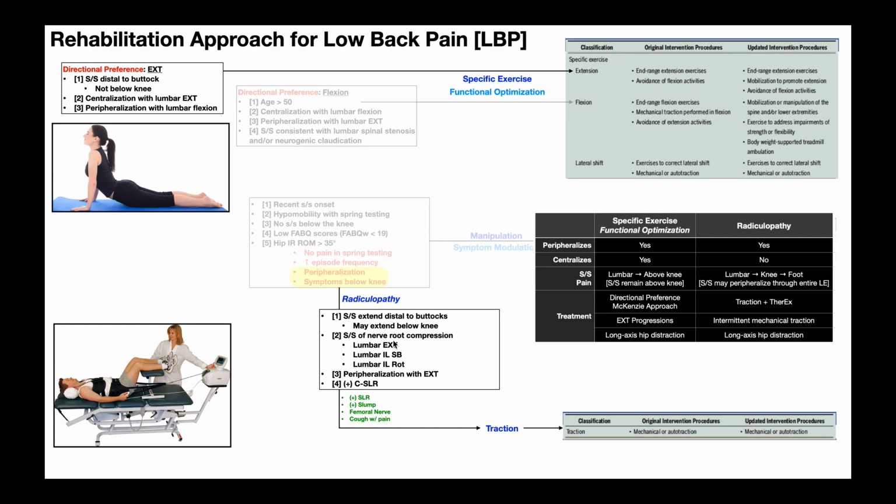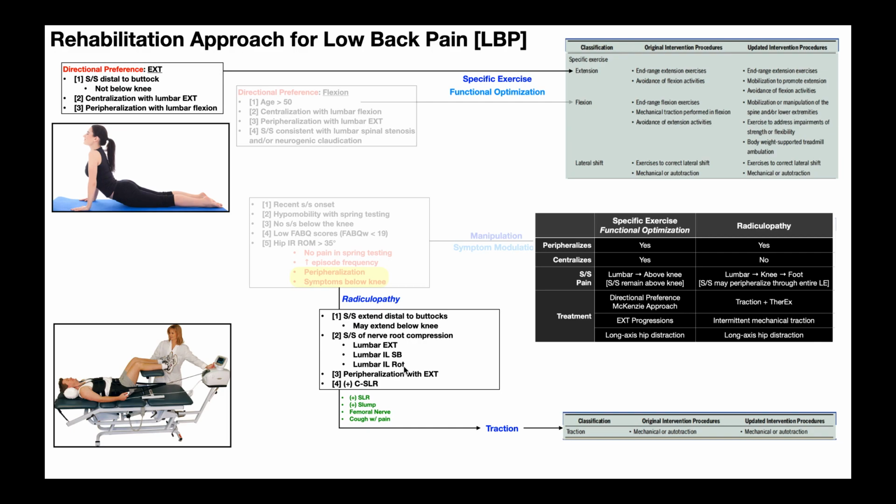And those movements are going to be lumbar extension, ipsilateral side bending, and ipsilateral rotation. In other words, if they had a left radiculopathy, it would be lumbar extension, left side bending, and left rotation that would cause that intervertebral foramen, singular, to close down and compress that nerve root. Okay? So they both peripheralize, but they do peripheralize to different extents.